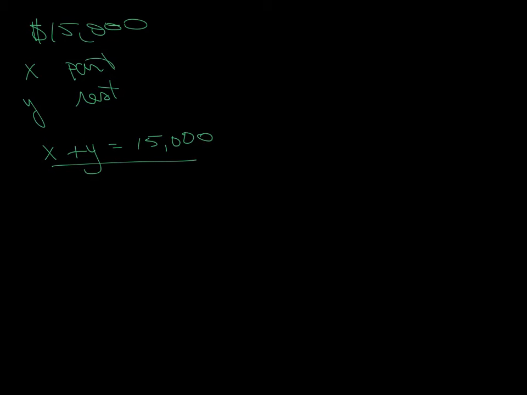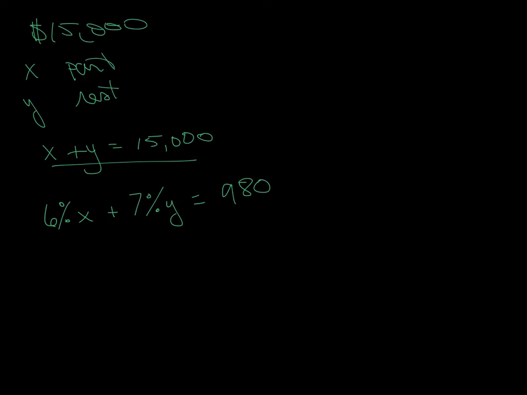The other one is we're taking that part that he invested, x, and he invested that part at 6%. Okay? And the rest he invested at 7%. So you have to take the amount times the percent in order to find out how much money he made off that. Because it says that if he earns $980 in interest, how much did he invest at each rate?